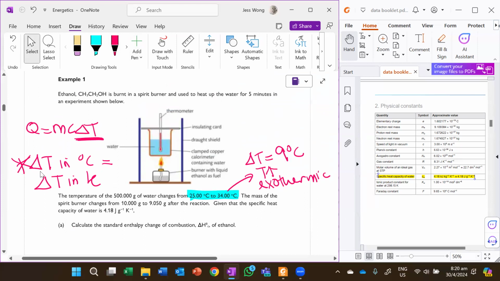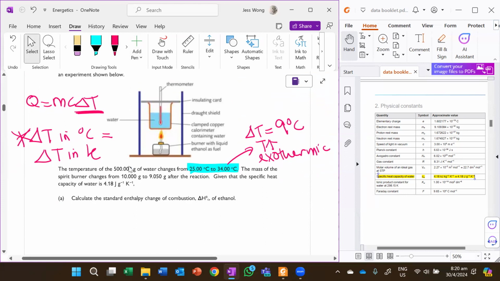Delta T in degrees Celsius is the same as delta T in Kelvin. Some students don't understand why. Because if you want to do a temperature calculation in Kelvin, then your temperatures should both be converted to Kelvin, then you do a subtraction.